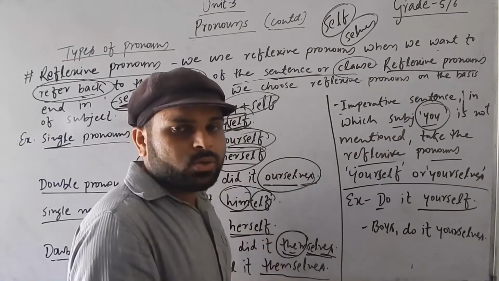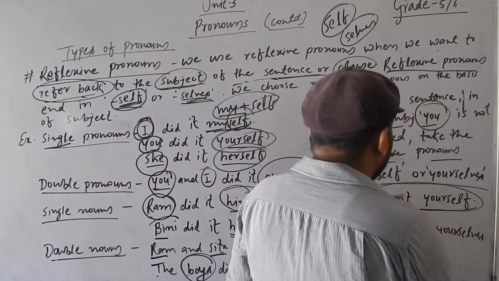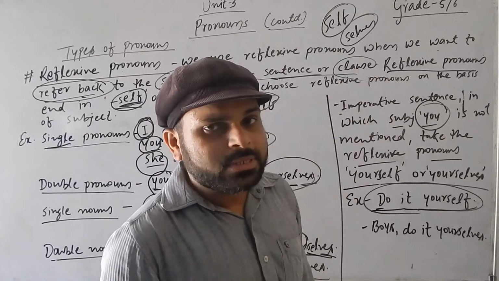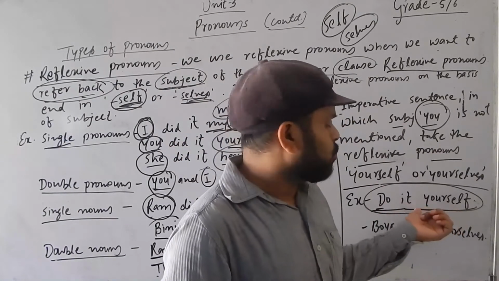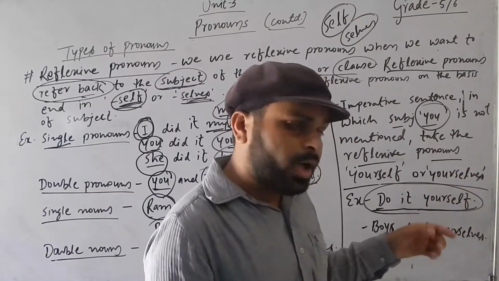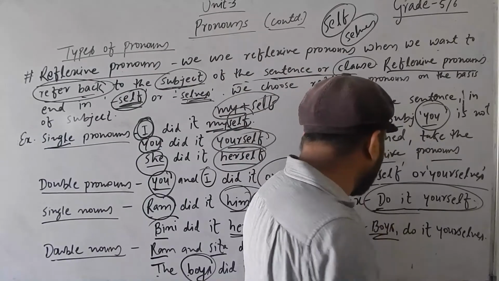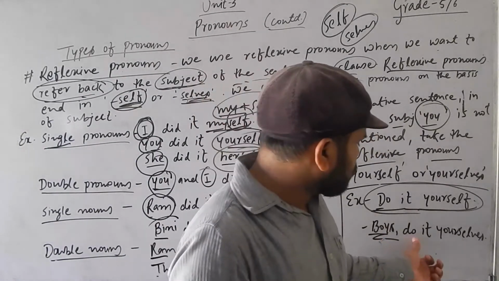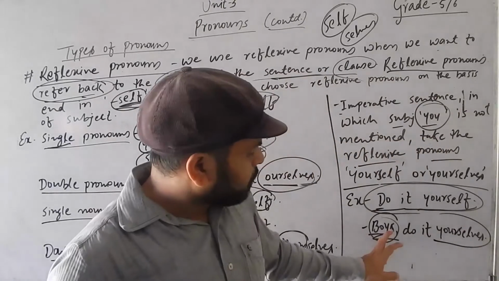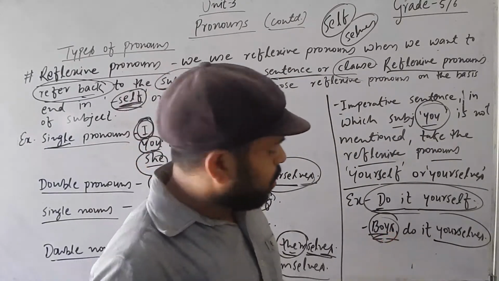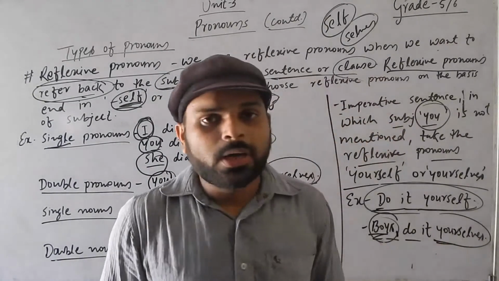This is an example of an imperative sentence. You can't say do it you; it is do it yourself. Boys here is a plural subject, referring to more than one boy. So: boys, comma, do it yourselves.